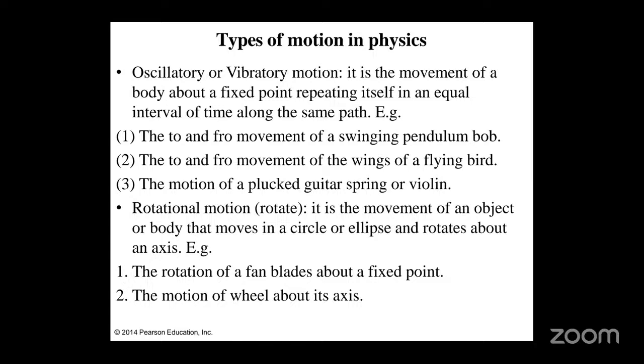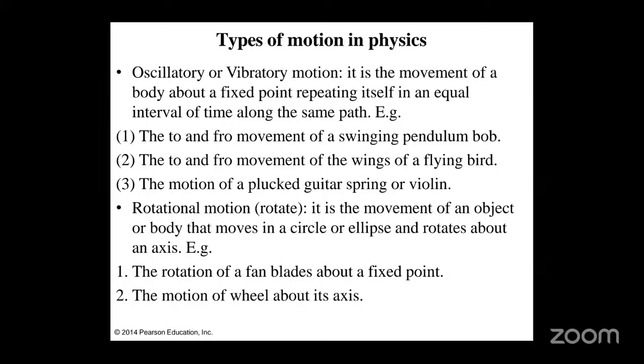So it's a to and fro motion. Then another example is the violin, that is a string instrument. We have the guitar string, we have the violin, we have the viola, cello, double bass. Anything that has to do with strings will give us a vibratory motion.